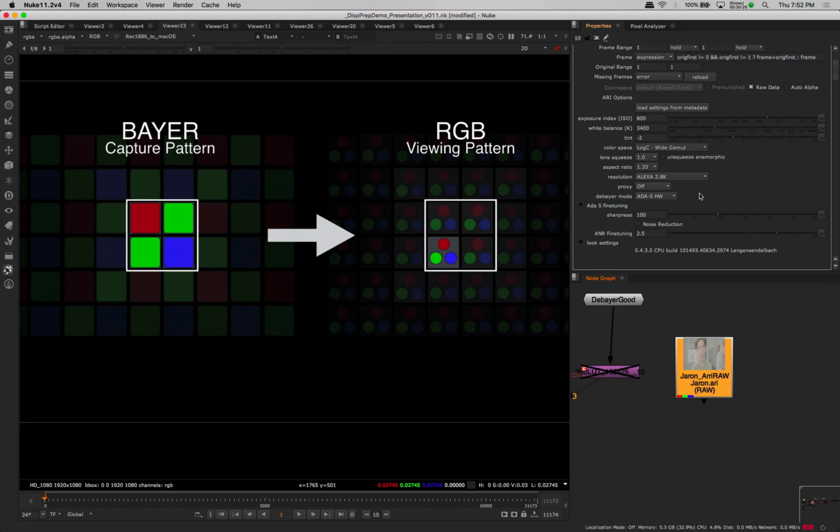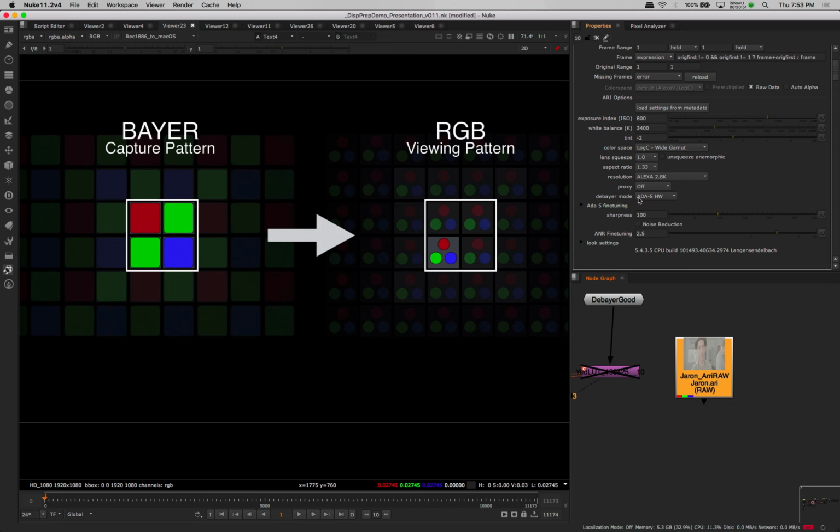This is not about brand allegiance. They provide an SDK. So in this case, ARRI has provided a developer's kit to Nuke. Nuke is a strategic partner with them, and Nuke implements ARRI's thing. This isn't something that the Foundry, who make Nuke, invented. They just implemented ARRI's stuff, so it's the same in every platform.